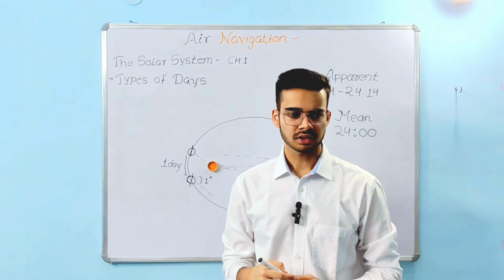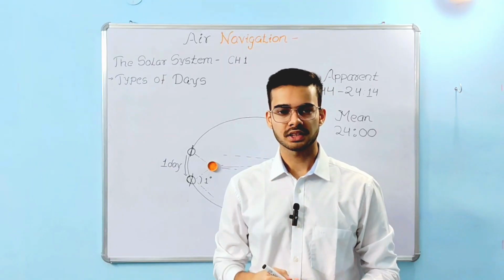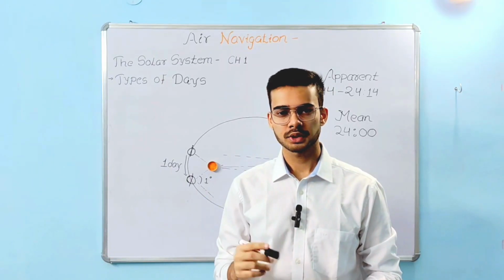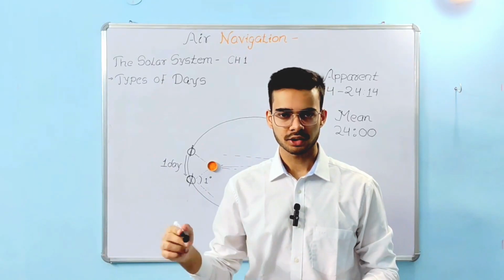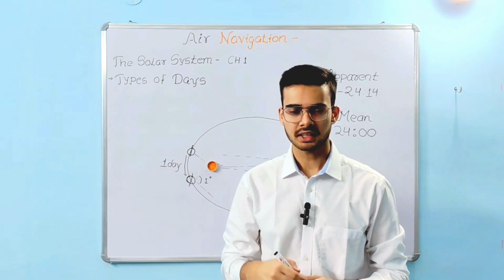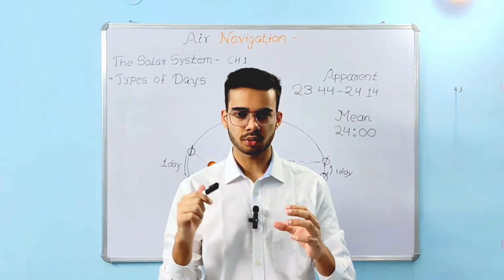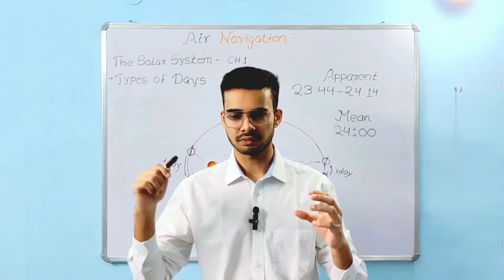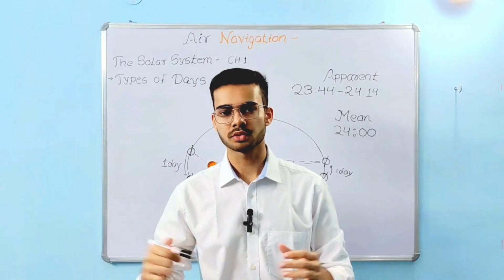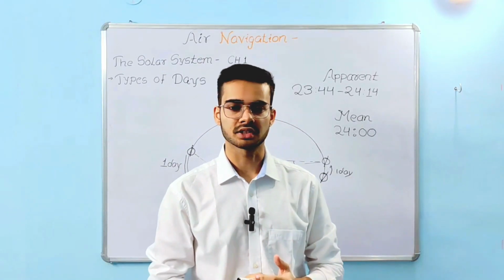If you remember, also while studying types of years, we took a sidereal year using a distant star. Exactly the same concept. Why? Because with respect to objects, stars which are very distant from us, the relative motion will not matter much.